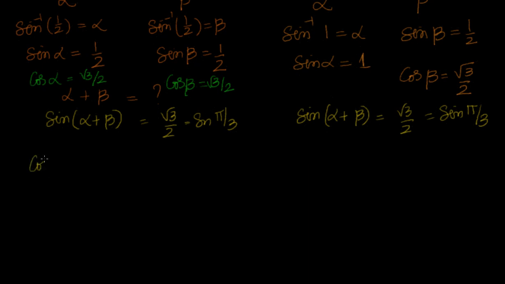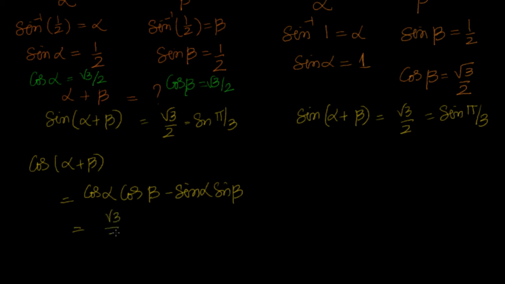So we know that sine of alpha plus beta equal to root 3 by 2 in the first case. Let us find out what is cos of alpha plus beta. Cos of alpha plus beta is nothing but cos alpha cos beta minus sine alpha sine beta. Cos alpha is root 3 by 2, cos beta is also root 3 by 2, minus sine alpha is 1 by 2, sine beta is 1 by 2.